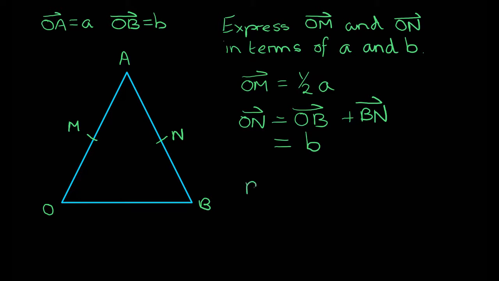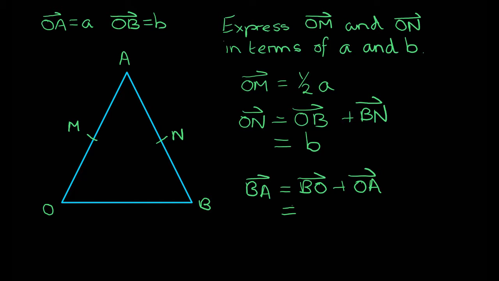So we now need to go back a step and we need to find B to A as a vector. How am I going to do that? I'm going to go from B to O, and I'm going to go from O to A. Now B to O is different from O to B because it's a different direction.